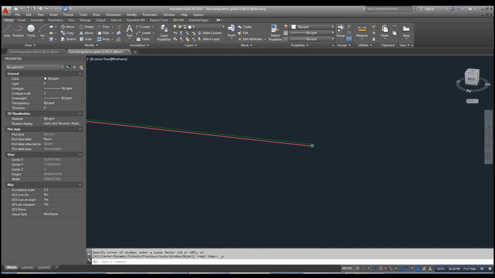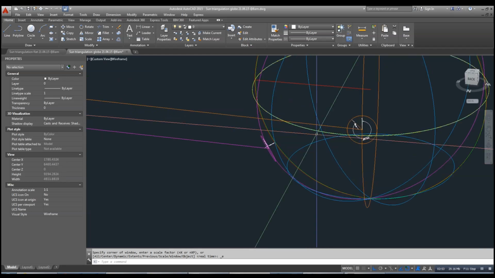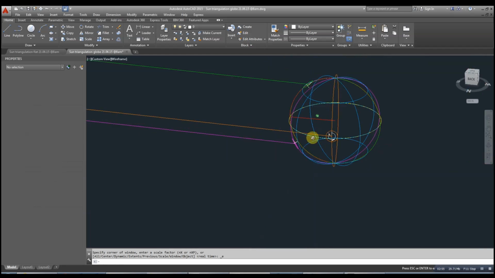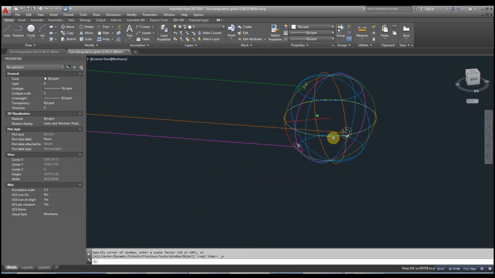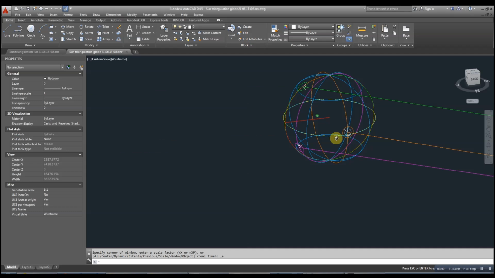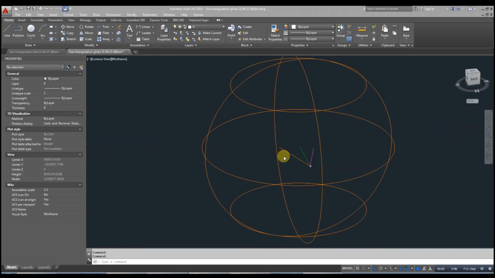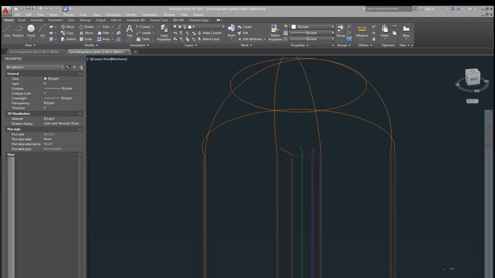So just to show what they look like all together from the globe, there are the lines of sight from all three locations. This view here is looking from a position behind the Sun, looking back at the Earth.